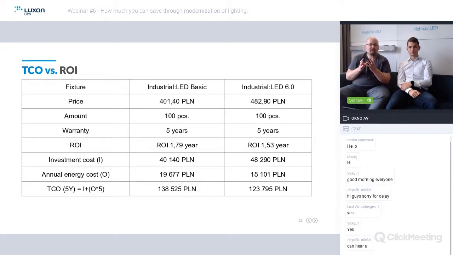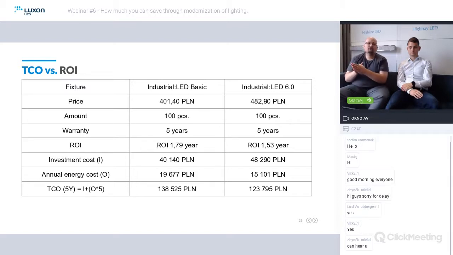As you can see, the cheaper one with 40,000 PLN of investment cost, over a period of 5 years, your TCO is 138,000 PLN. With the more expensive luminaire, that will cost you 17% more at the beginning, after the same period of time, you are at less than 124,000 PLN in TCO value.